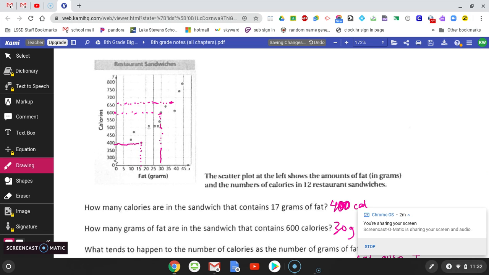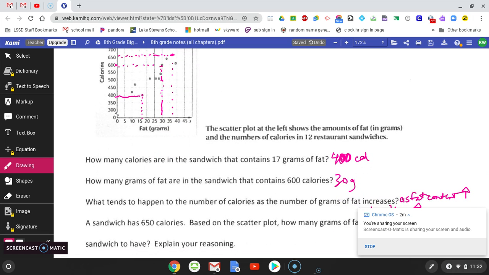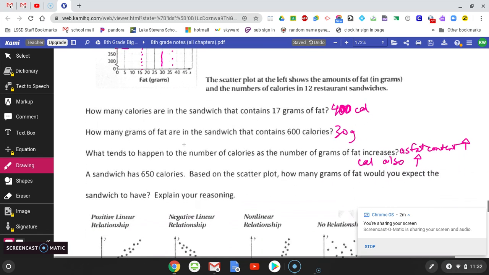It's making what looks like a little bit of a straight line. So that general trend means it's going to be somewhere right around here. If I follow that down, you can see it's somewhere in that range there. So I would say anywhere around 35 to 40, maybe 37 grams of fat, somewhere around there.